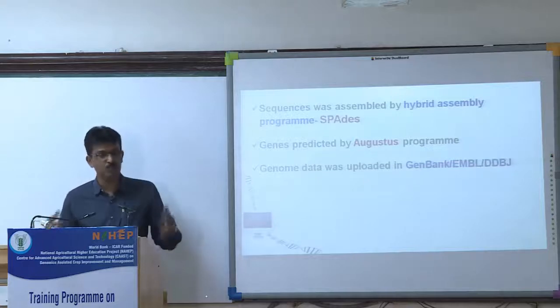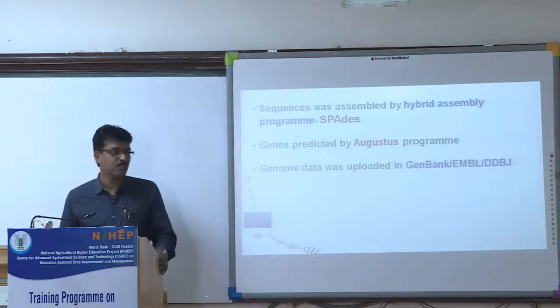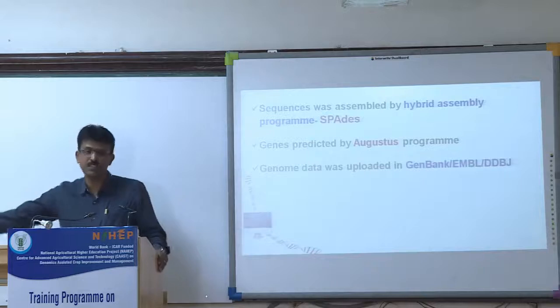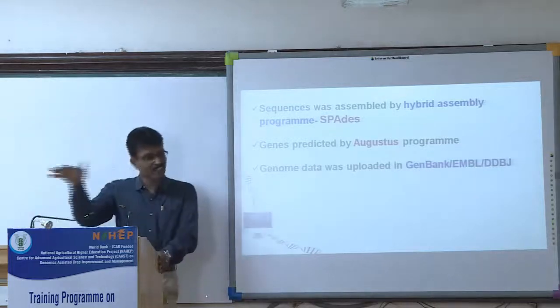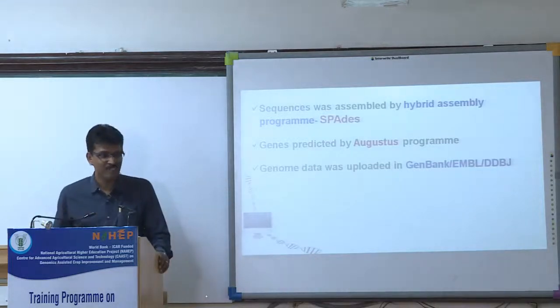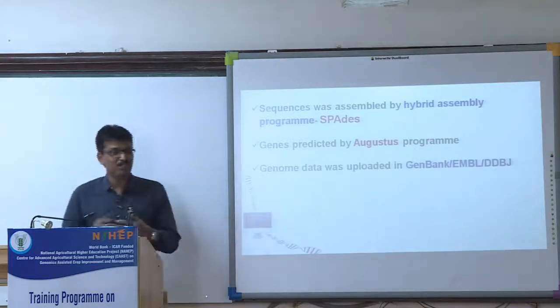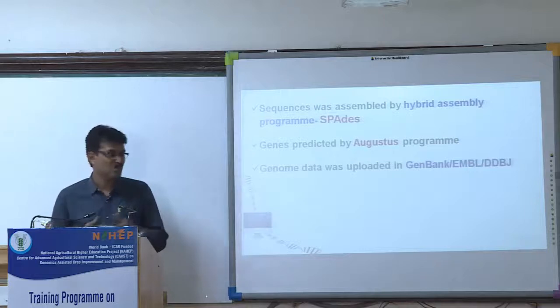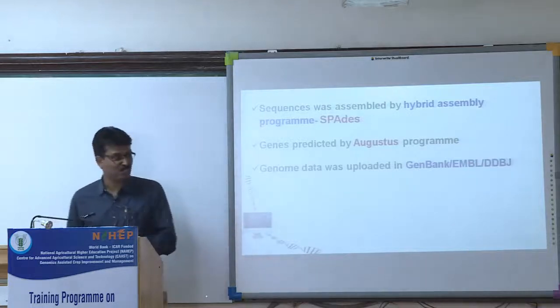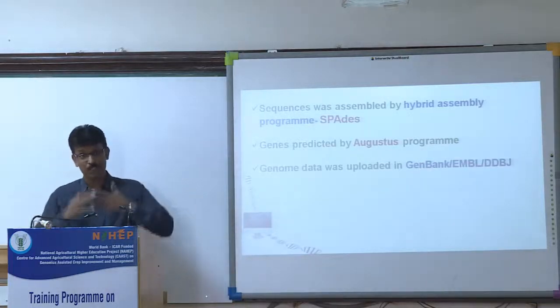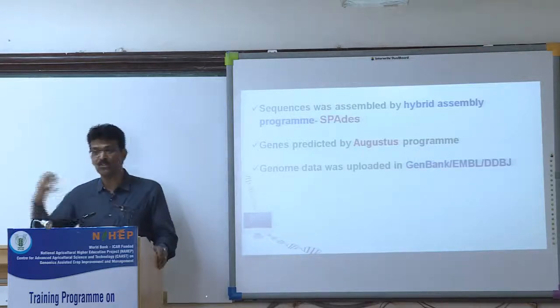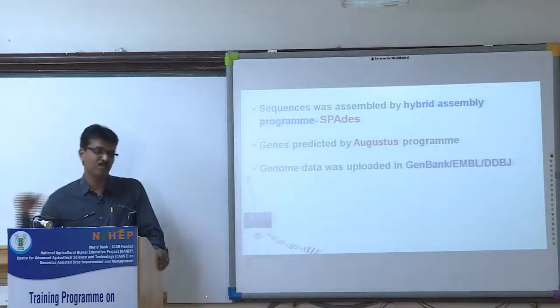We use this for assembly, which is nothing but trying to reach the draft genome level. The entire effort is called assembly, right. Genome assembly is nothing but reads converted into contigs, contigs converted into super contigs, converted into scaffolds, and converted into draft genome, and ultimately the complete genome.